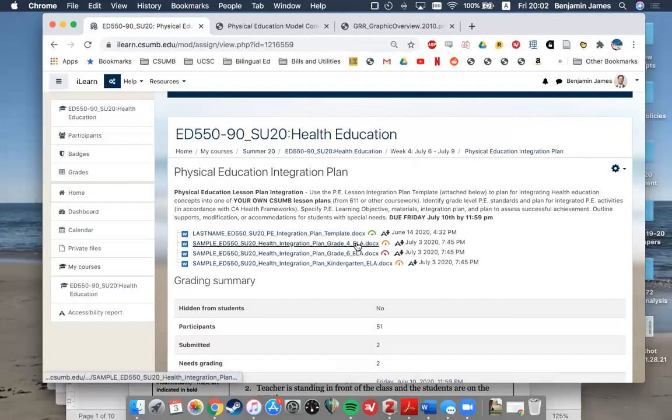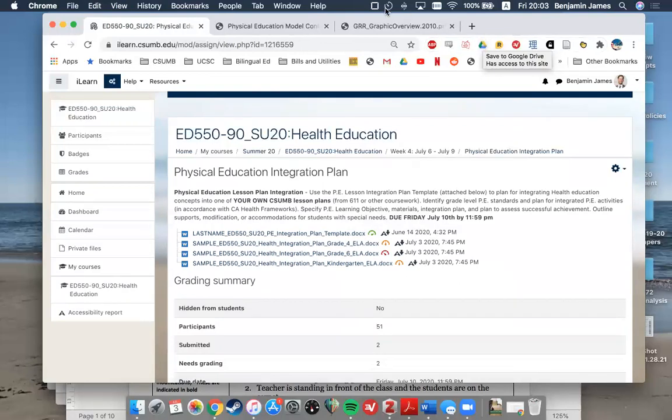They still have some areas where they could have improved and extended the learning, and we'll go over that a little bit. I'm going to talk about each of them, not in great detail, but just in a little detail, as a demonstration of how you can effectively plan these integration plans and general lesson planning overall.